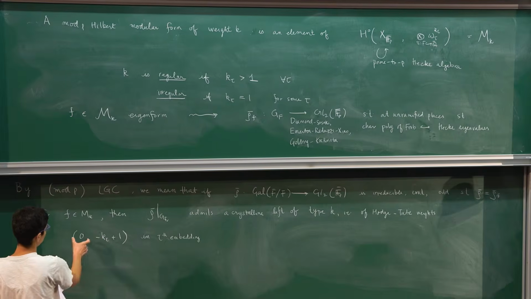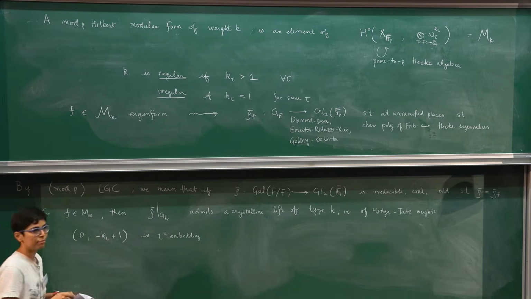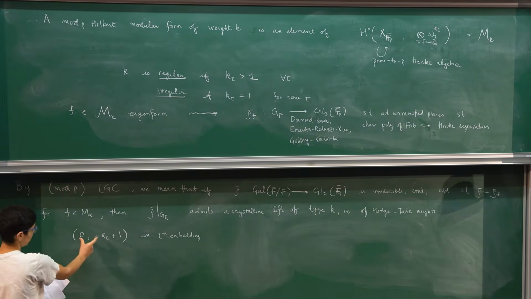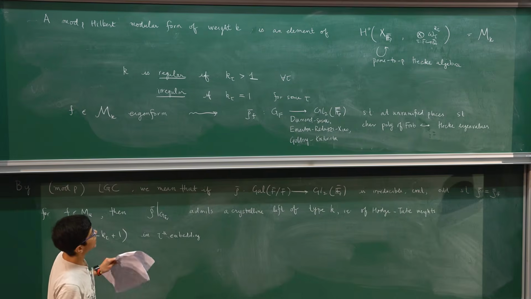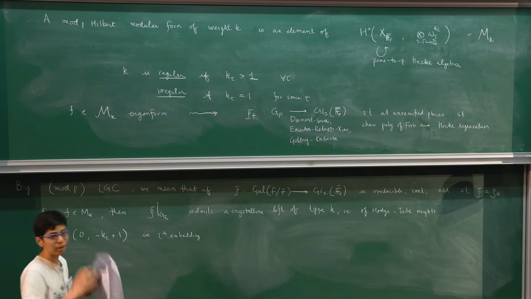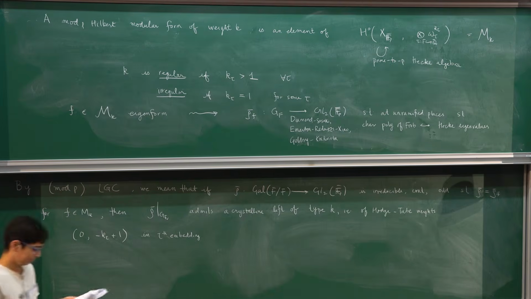That would basically shift both of these weights by some fixed amount, but the difference between them will be governed only by k_tau. I said I would not say anything about that twisting sheaf earlier, and I just did, but I will not say anything about it again.